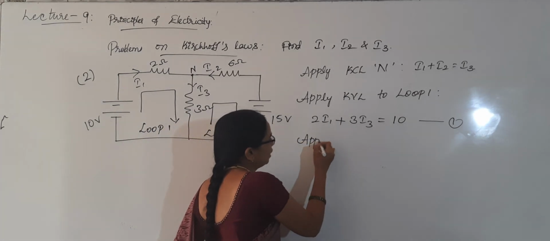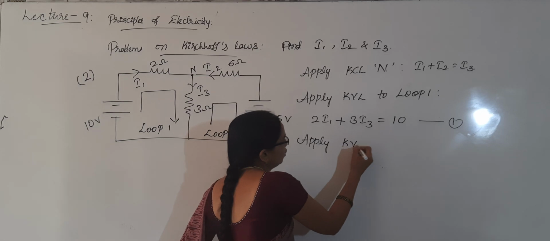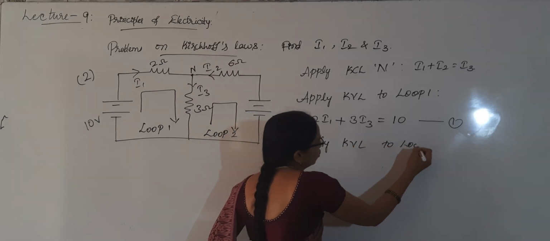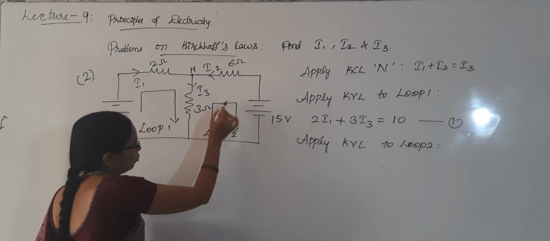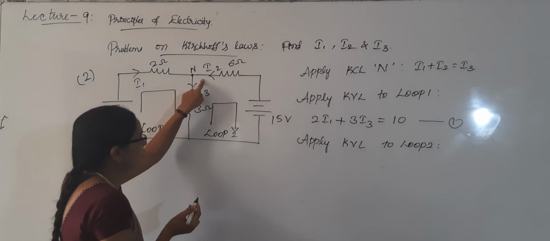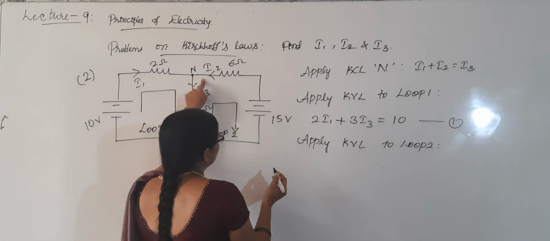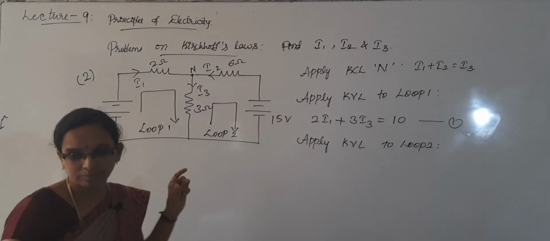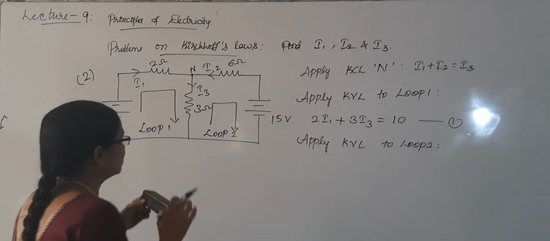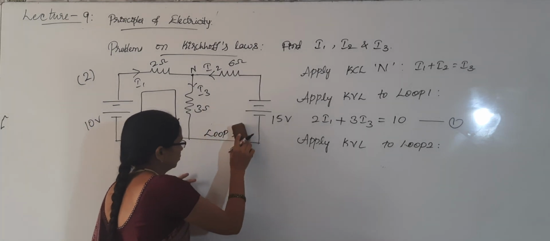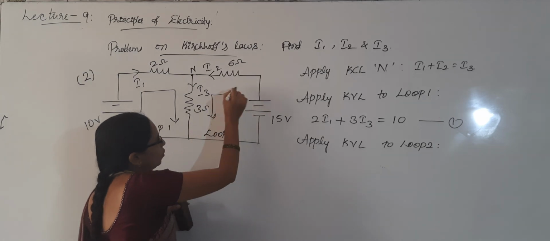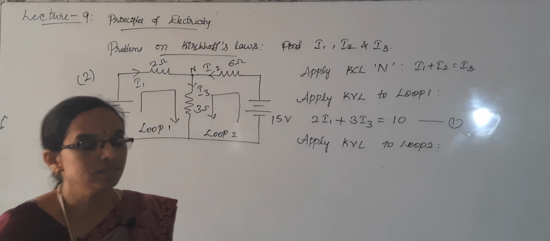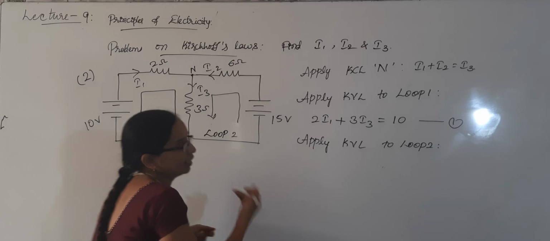Next, apply KVL to loop 2. For this loop, I will start from here. You can consider the direction of analysis like this. I will go like this because if I go the other way, everything I will get negative.